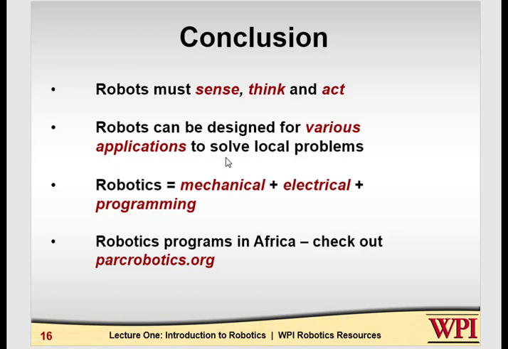We saw examples of this in healthcare, in agriculture, in manufacturing. And we also saw that robotics as a field brings together mechanical and electrical engineering, as well as computer programming. And finally, we explored some of the ongoing robotics programs in Africa, as well as the Pan-African Robotics Competition.